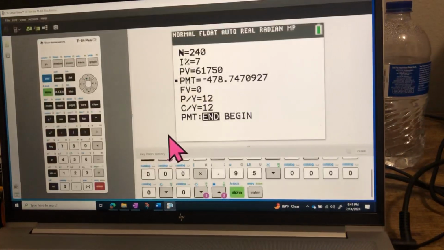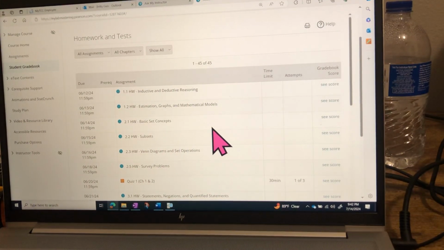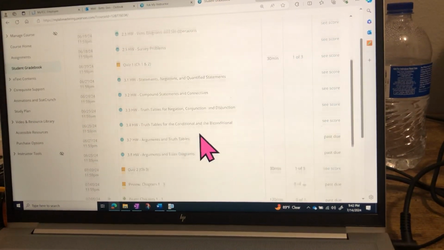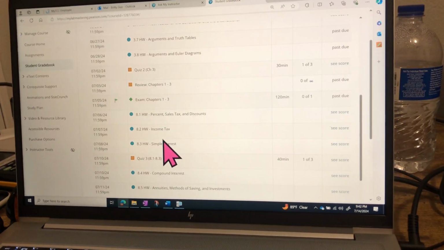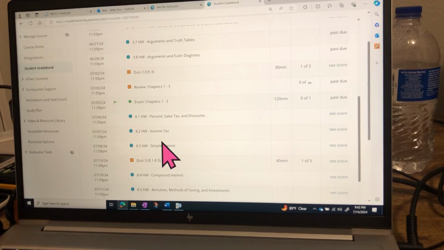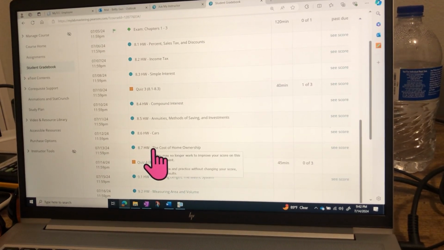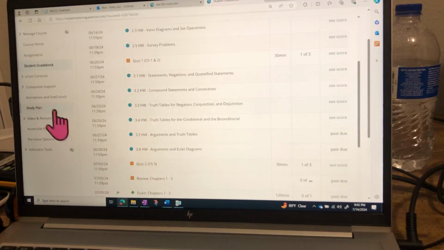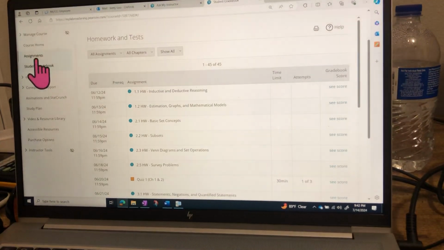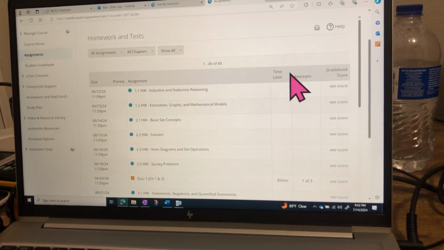The first part. Oops. Oh, it's crashed. Hold on one second. I think it's because the assignment is past due, so it wouldn't let me work on it. Give me one second.